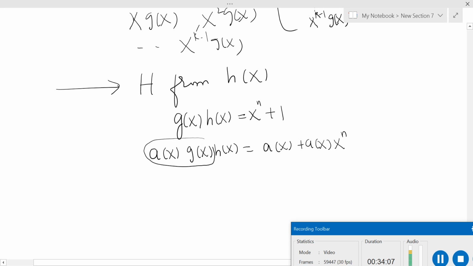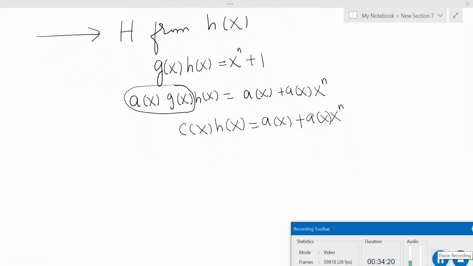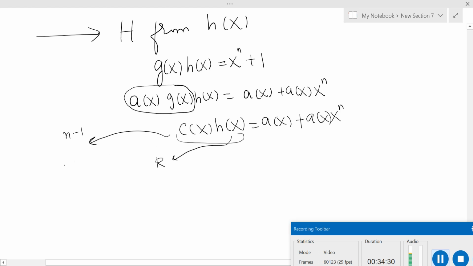Now a of x g of x was defined to be the code word c of x, so c of x h of x is equal to a of x plus a of x x to the power n. Note that c of x has degree n minus 1, h of x has degree k, so c of x h of x has degree up to n plus k minus 1.